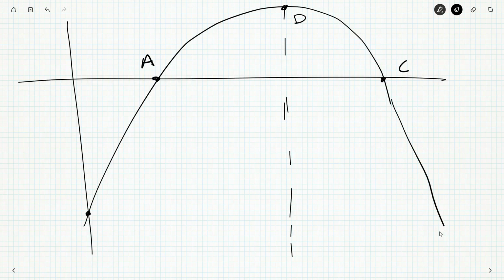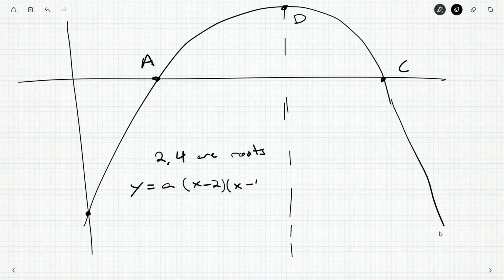So I might say something like 2 and 4 are roots. I guess we don't have to use the symmetry argument either, but 2 and 4 are roots, so y is equal to some scaling factor a, (x − 2)(x − 4). D, incidentally, will be (3, something). Like (3, 2), or 3 and some positive value based on the picture.